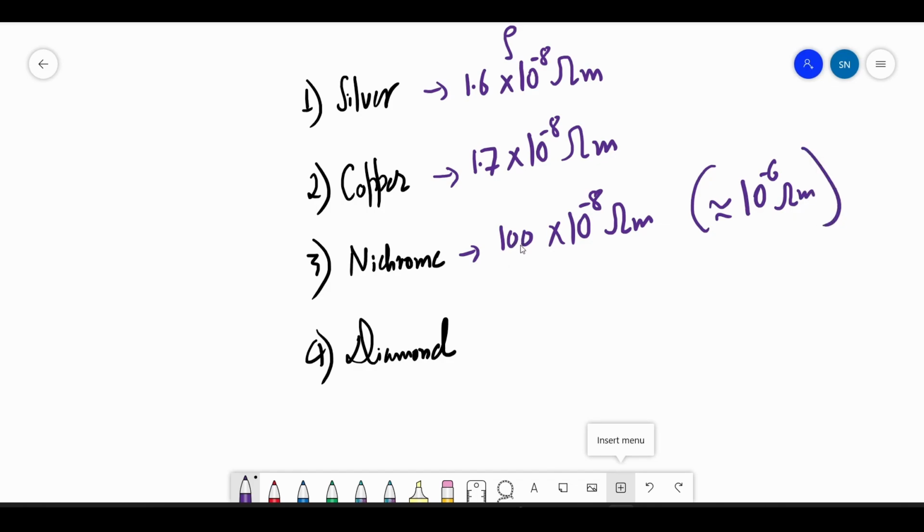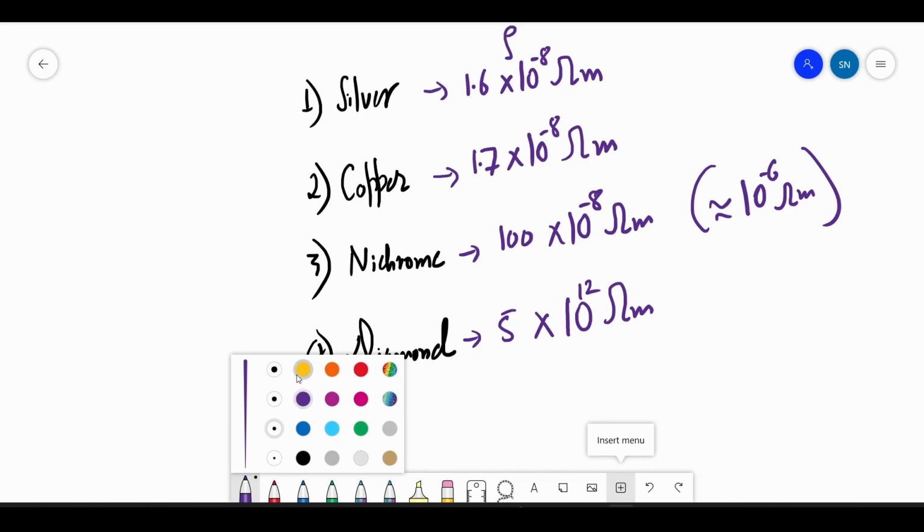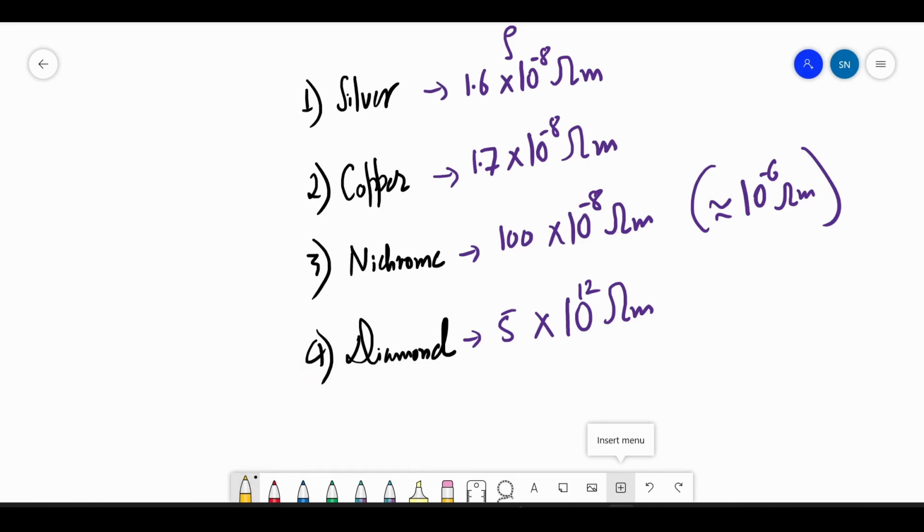Yes, sir. Because 100 is 10 raised power 2, bases are same, powers are added, 2 minus 8 is minus 6. Diamond has a resistivity of 5 into 10 raised power 12 ohm meter. So, which among the following has the highest value of resistivity?